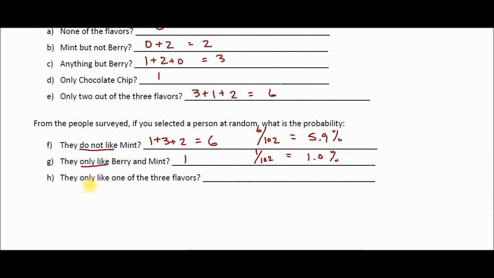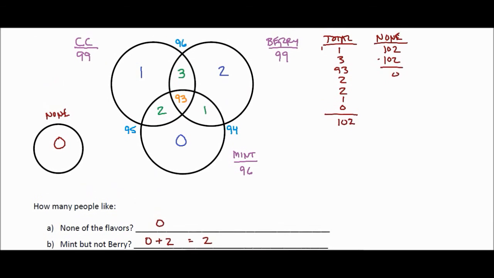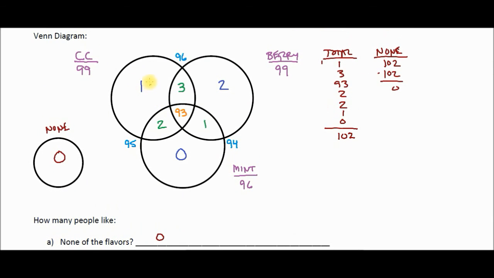And then how many only like one of the 3 flavors? Only like one. These people only like chocolate chip. These people only like berry. These people only like mint. So those 3 categories are the ones that only like 1. Every other category, class, they like 2 or 3 of the flavors.